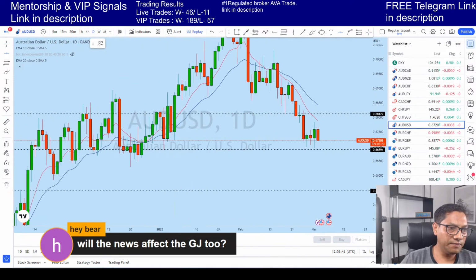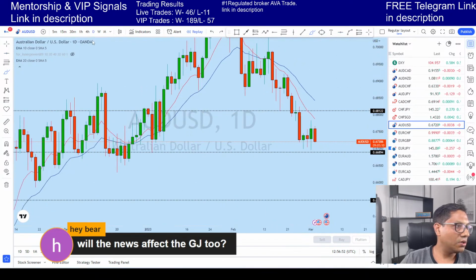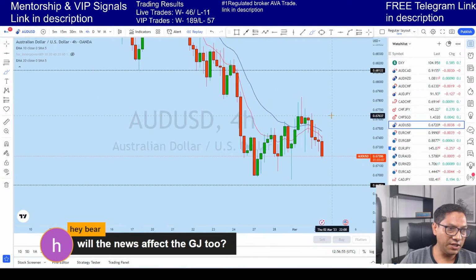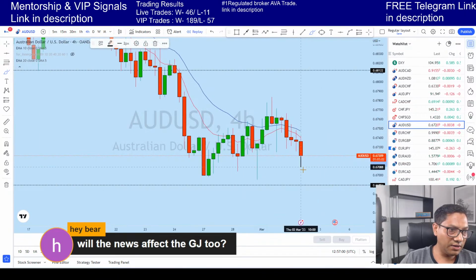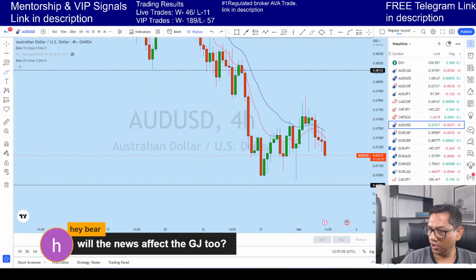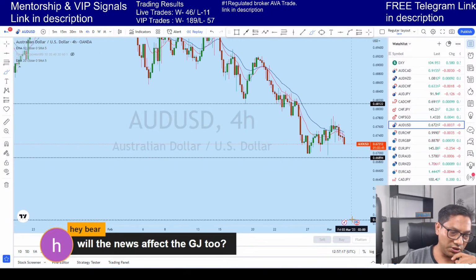Now looking at the daily, you see that AUD USD on the daily has a nice looking downtrend impulse correction. We can expect an impulse to the downside. Now from the 4-hour perspective, this is a support where I'm expecting AUD/USD might go for a reversal, which may happen, may not happen, but the way the price has started to drop, it might even continue to this support, okay?